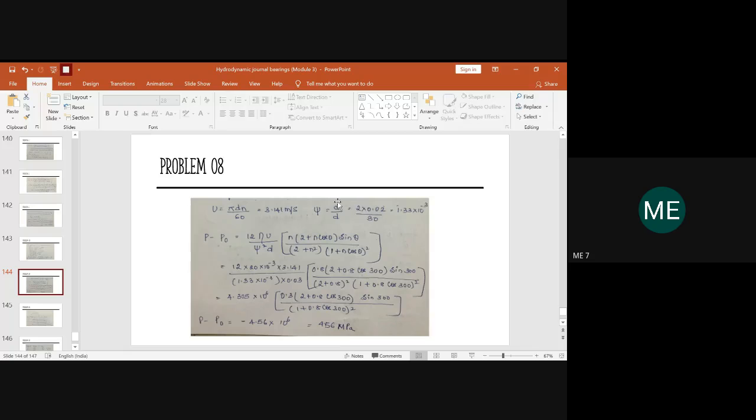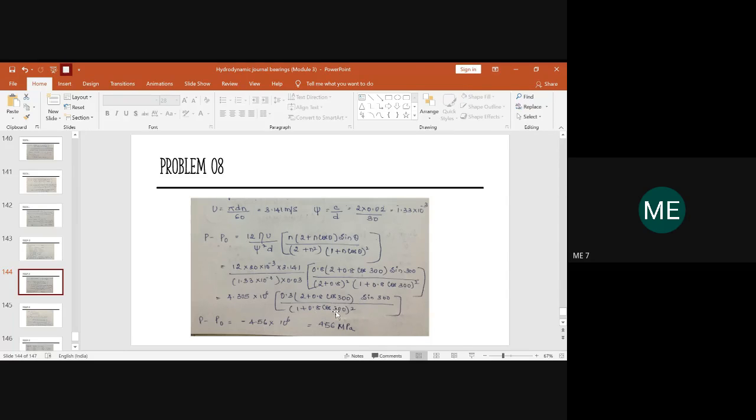Multiply it by 2 and you will get the diametrical clearance, and the diameter of the bearing is also given. You will substitute and find the values of U and chi. After knowing these two values, you will substitute in the equation we used in the previous problem also. Then you will get the pressure difference value, P minus P naught, equal to something.